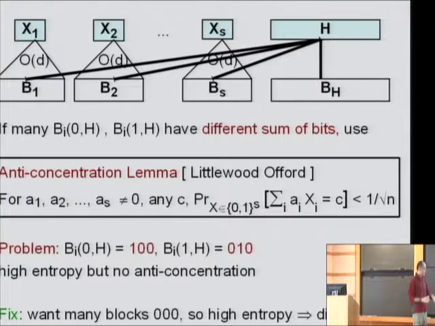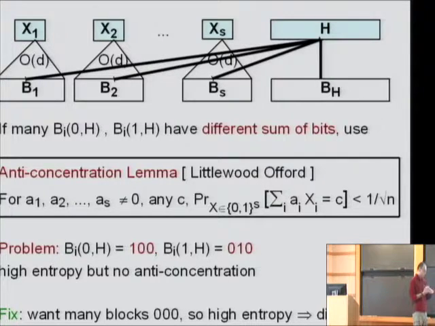So if that's not the case, you can indeed use some anti-concentration bound, but there is this issue, and the fix is that I'm going to ask for a third thing, that many blocks are all zeros. Now, if a block is all zeros and it's also alive, the other value has to have a different Hamming weight, because you only have one value with Hamming weight 0, which is the all-zero string.